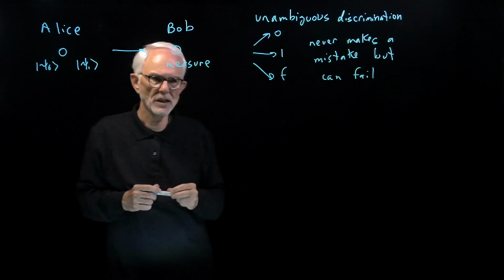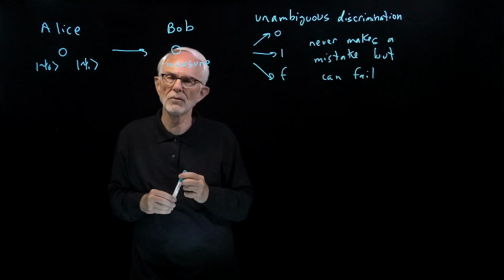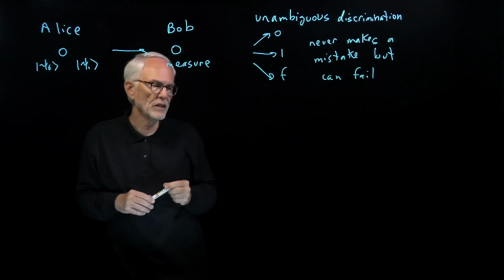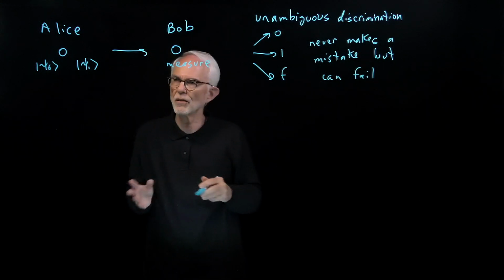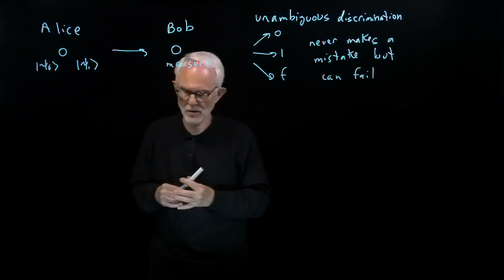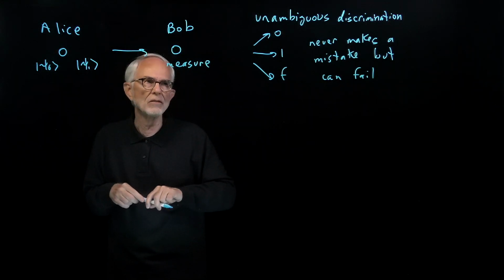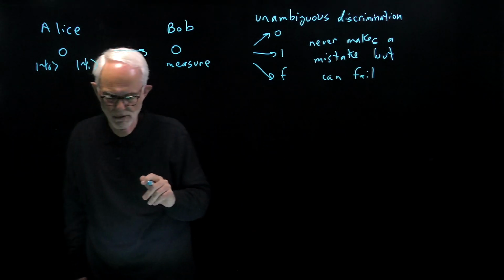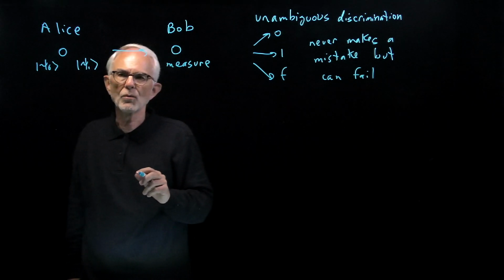Okay, so I'm going to discuss a particularly simple example of unambiguous state discrimination. It's not the way to get the best measurement, but it's just to give you the idea of how this works. All right, so we're going to look at a very simple version of unambiguous state discrimination. So what's Bob going to do?